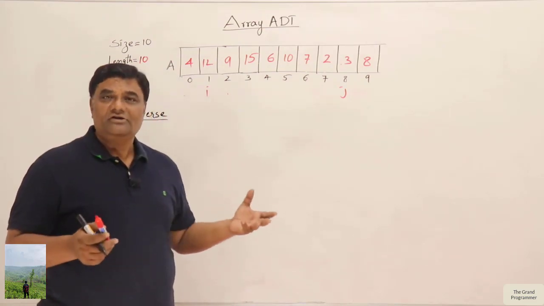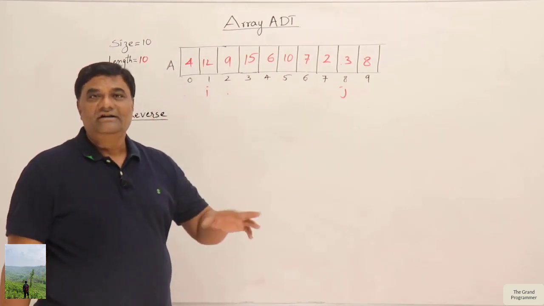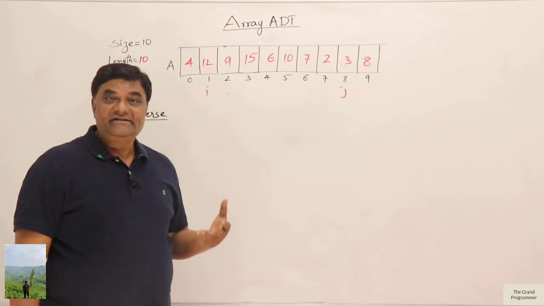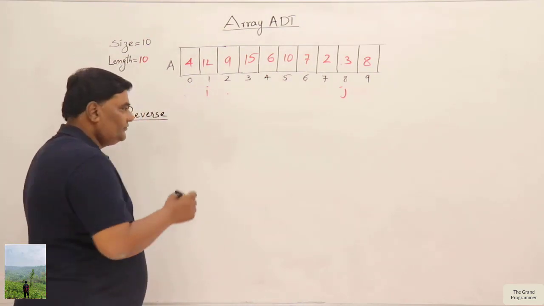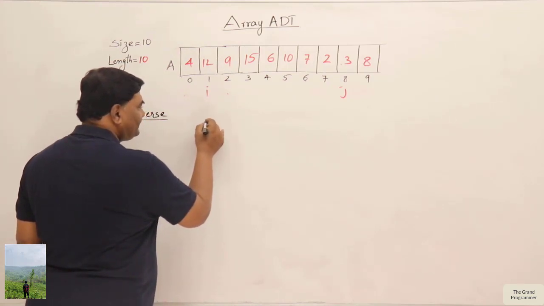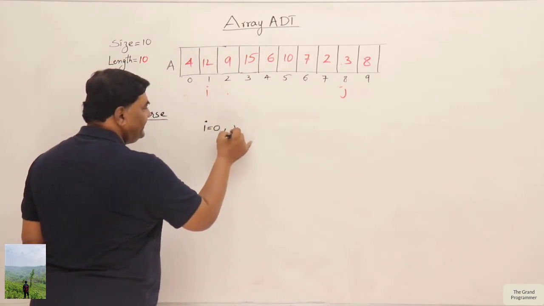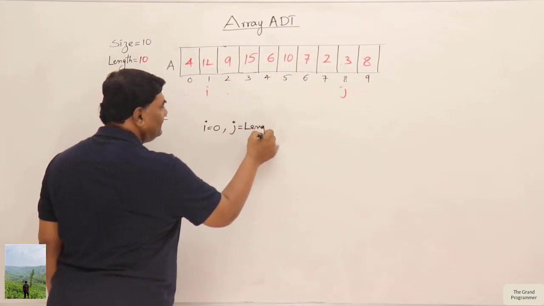So time is how much? Order of n. We are swapping a total of n elements. We are accessing a total of n elements. Now for the same thing, I will write down the code and show you for reversing. We want I starting from 0 and j starting from length minus 1.